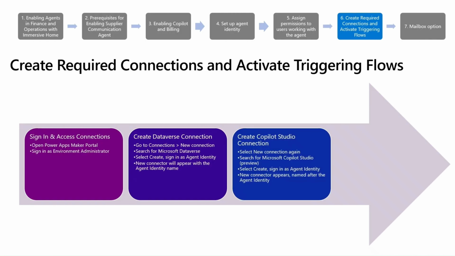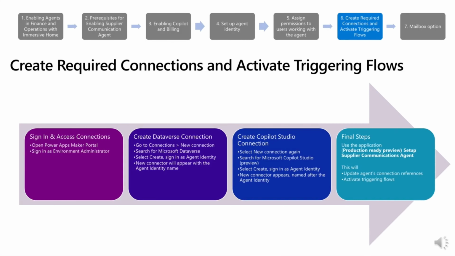Then repeat the process to create a connection for Microsoft Copilot Studio Preview, again signing in with the same agent identity. Once both connections are created, they will appear in your connection list under the agent's name. For this final step, use the production-ready preview application, set up supplier communication agent, and this will update the agent's connection references and activate triggering flows.